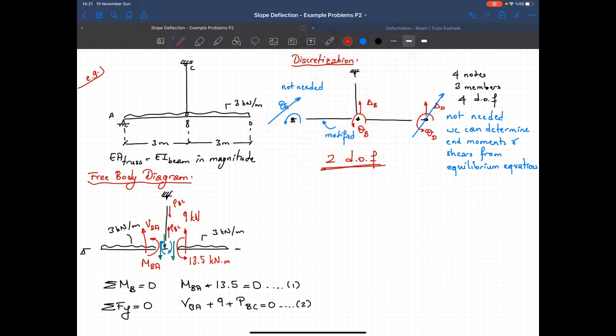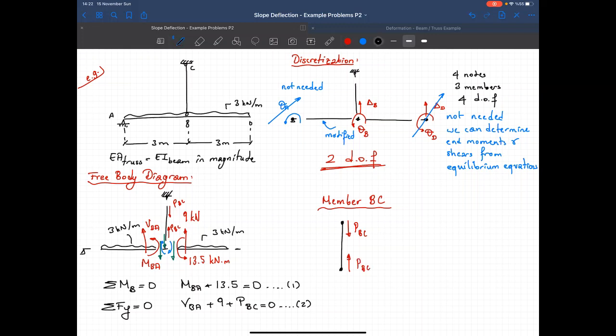Now let's write down the slope deflection or the axial force deformation equation. So I will start from member BC. So that's member BC. We say that according to our definition of the degrees of freedom, we have a compressive force on this member, PBC.